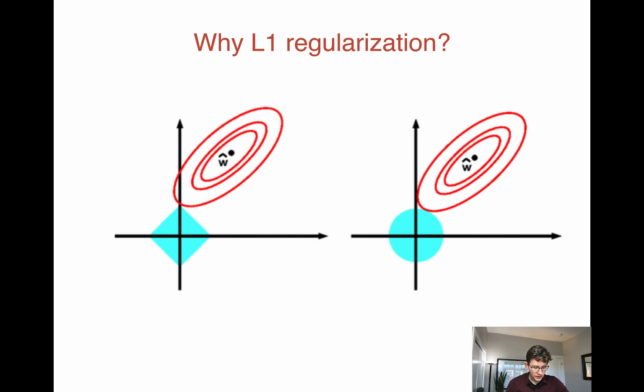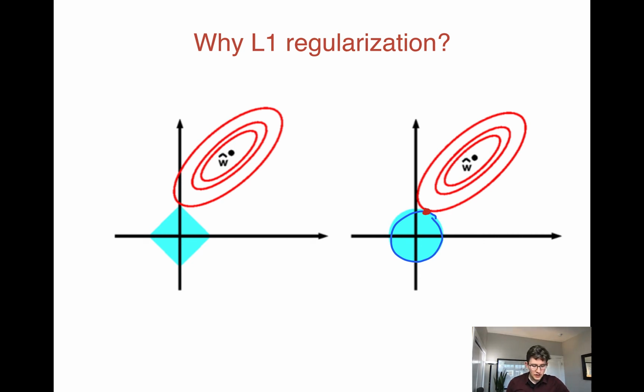This circle is the set of points with an L2 regularization loss less than some value. It's not too hard to show that once you apply L2 regularization, your solution is going to lie on the intersection between this ball and a level set of your objective function.